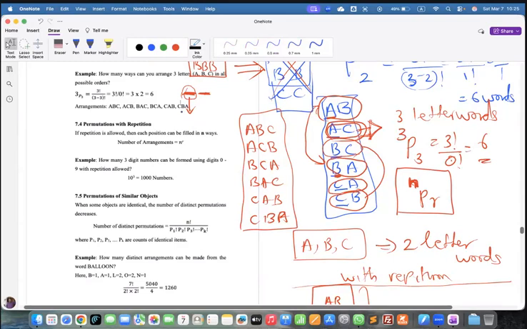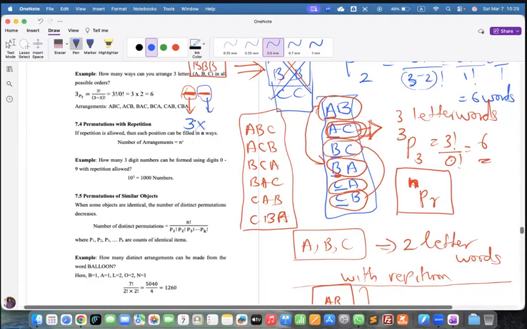What I'm asking is, for the first position, what are the possible letters you can put? Three. Three positions, right? Then tell me how many ways you can fill the second position.